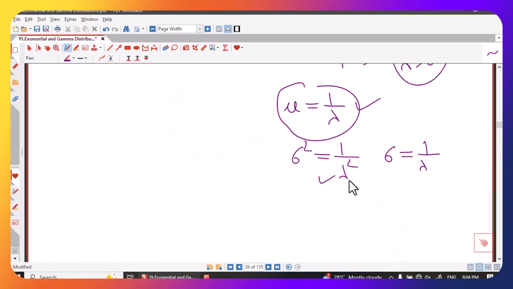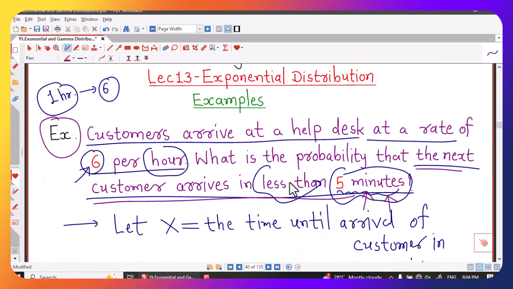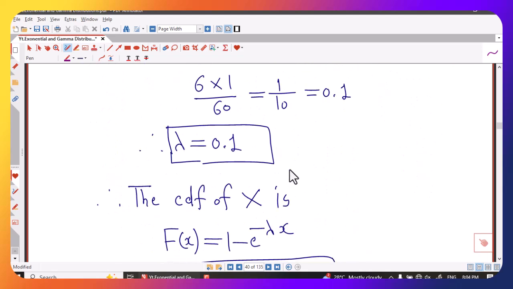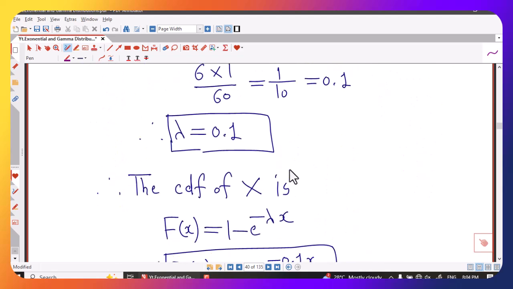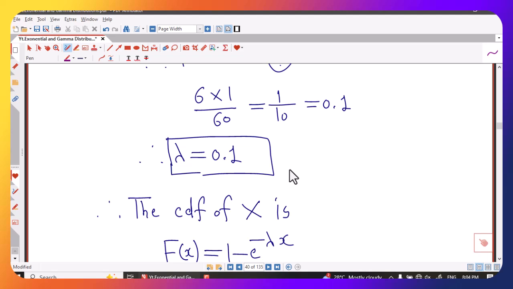And we are using the CDF, that is F(x) equal to 1 minus e raised to minus lambda x. If we wish, we can use the PDF also. Suppose I am not going to use the CDF, then I can write down the formula of the PDF. It is lambda times e raised to minus lambda x.